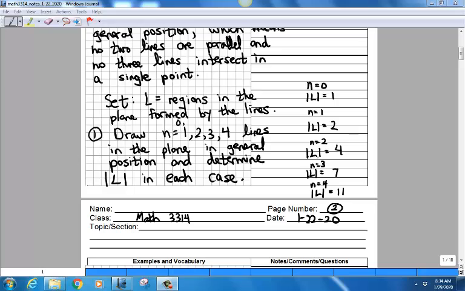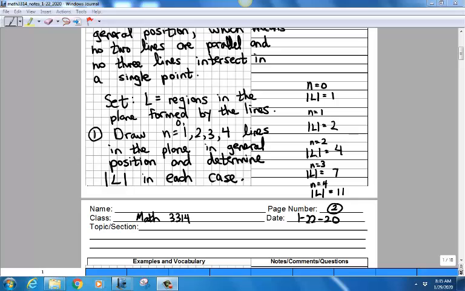Okay, so remember, this is a problem from combinatorial geometry. Geometry is often a setting for combinatorics problems. Sometimes they're really fun and interesting problems. But here's a very simple example.